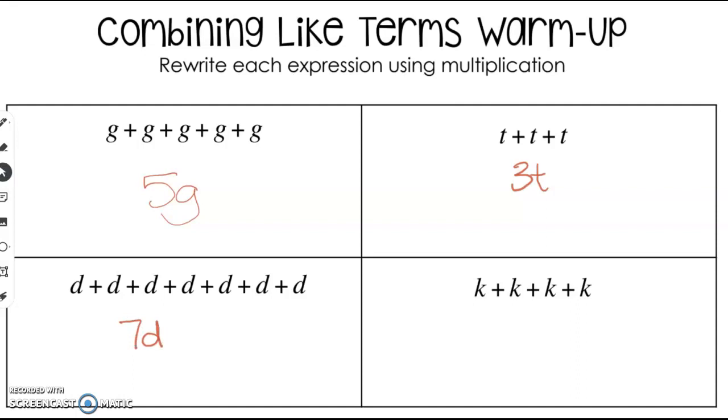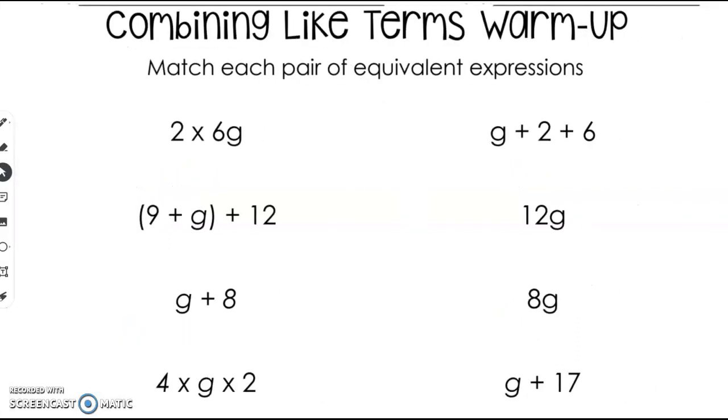K's. I have 1, 2, 3, 4, so that gives me 4 k's. And that is how I combine my variables together to simplify and make it easier for myself.